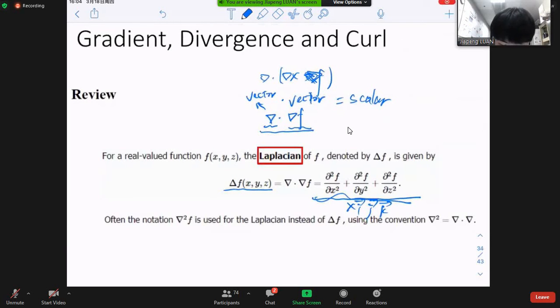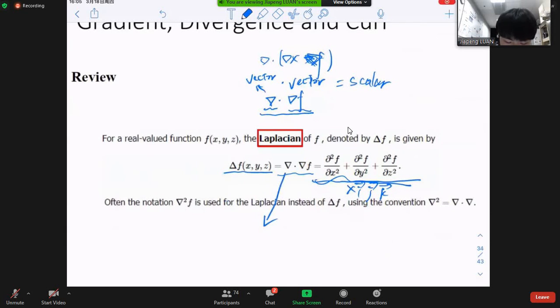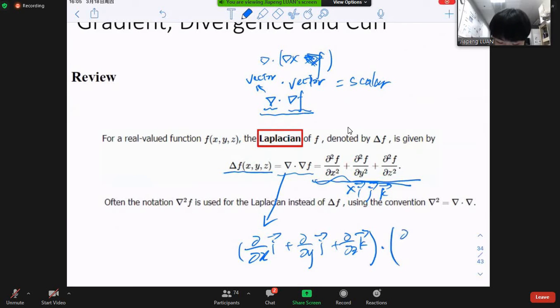And how to calculate this? You can just call this step by step. Like this is delta over delta x, dx. And then you dot a gradient, and gradient is also a vector.